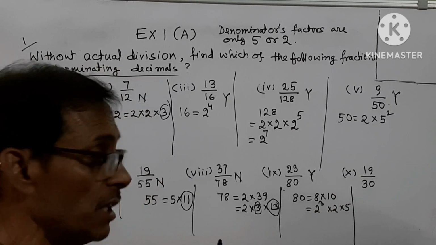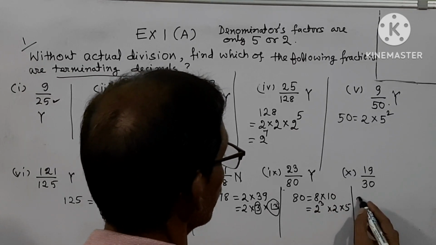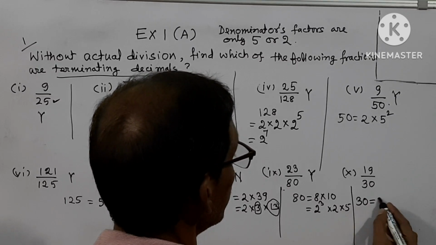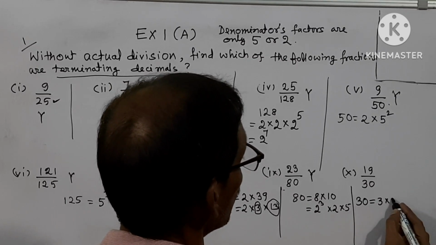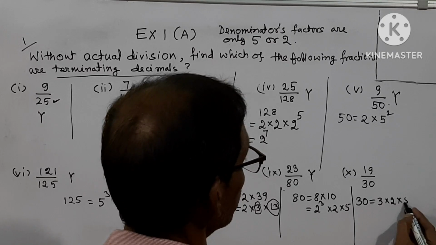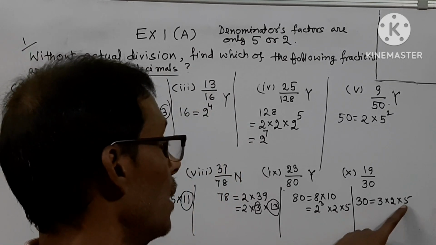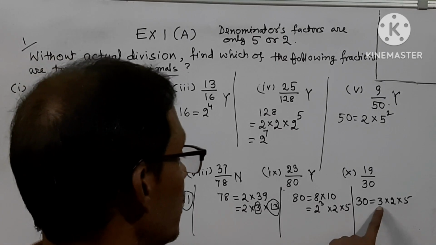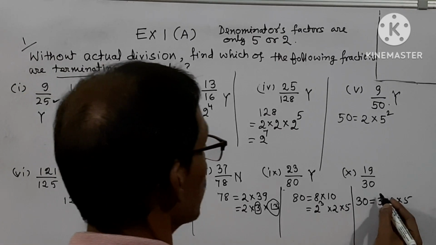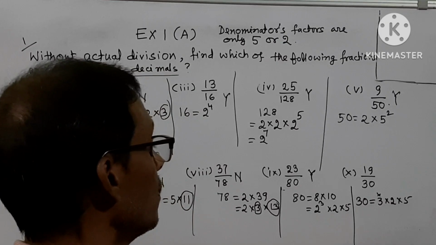We have to see only the denominator. 30 equals 3 into 2 into 5. 2 and 5 were correct, but 3 is not allowed.